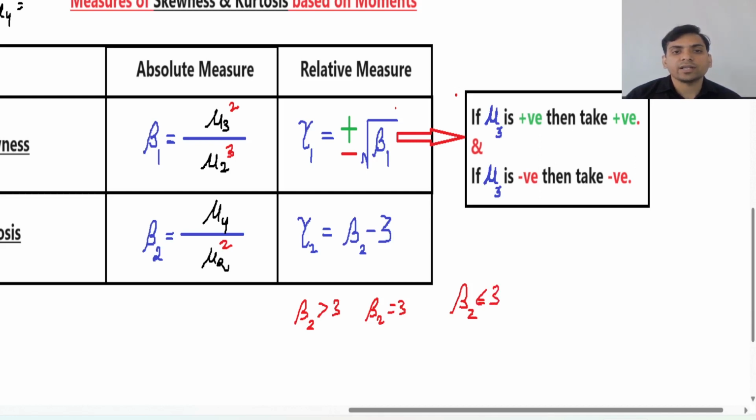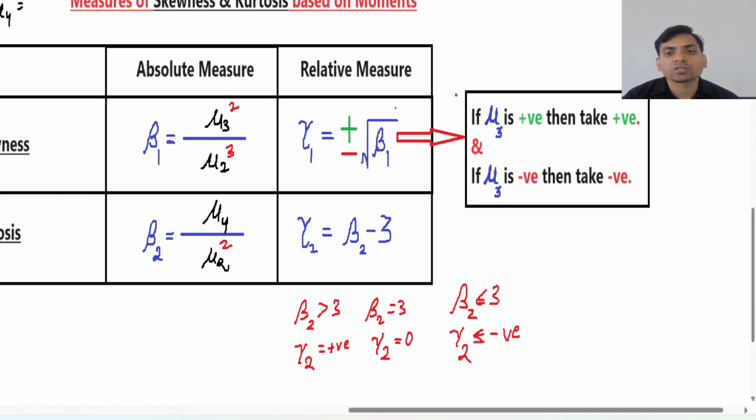If beta 2 is greater than 3, then you will get gamma 2 as a positive quantity. If beta 2 equals 3, then you will get gamma 2 equals 0. And if it is less than 3, then you will get gamma 2 as negative.